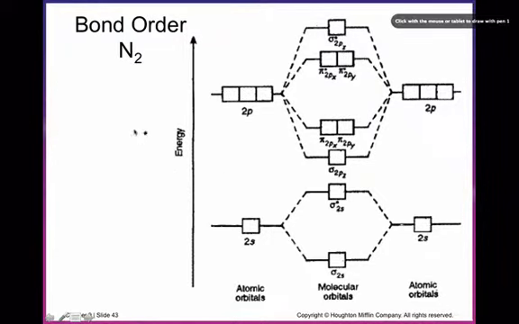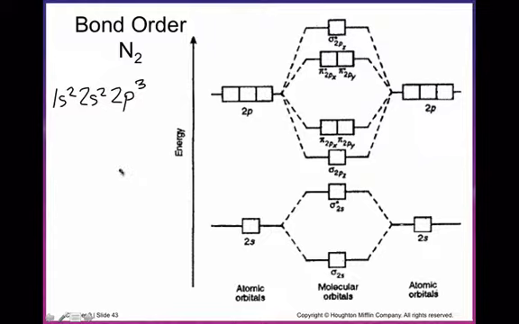So let's do nitrogen. Nitrogen's electron configuration is 1s2, 2s2, 2p3. It has 1 less electron than oxygen. To fill these in, we have 2s2, again ignoring the 1s, and then in the 2p's we only have 3, so 1 in each box.